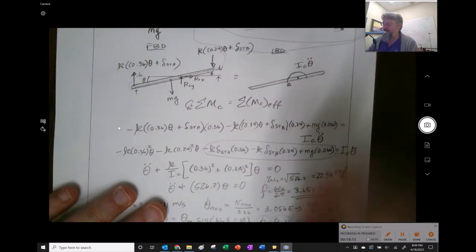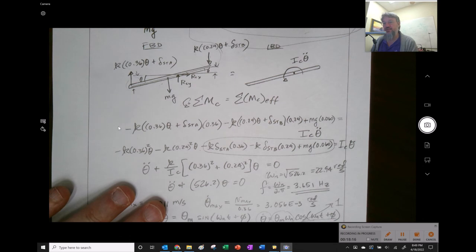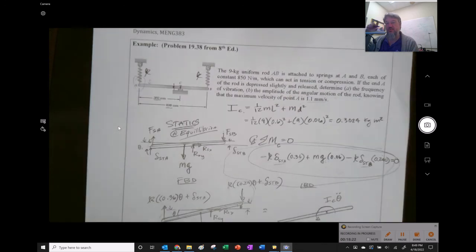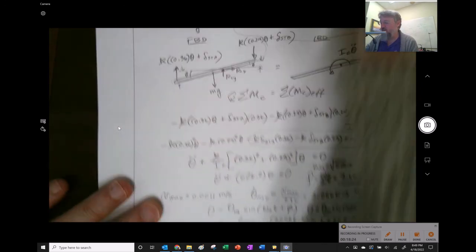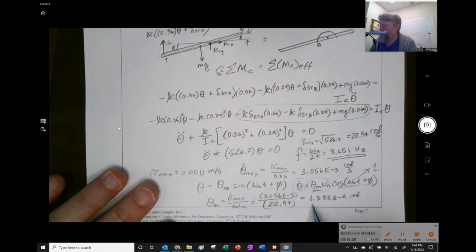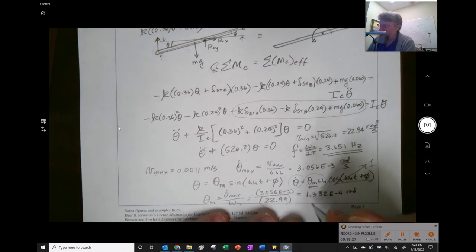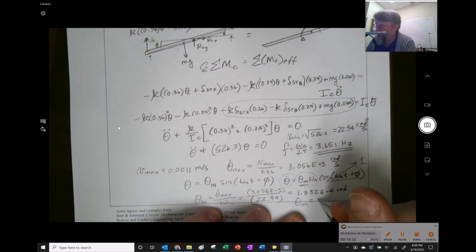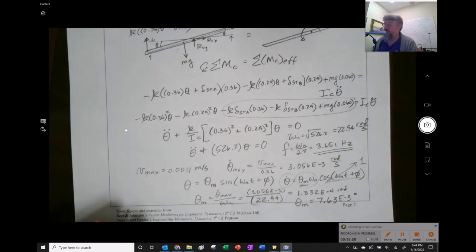So we could even find what the maximum motion was by taking that angle and multiplying it by this length, and that would tell you what the maximum would be. And I turned it later into degrees, right? So just for your edification, which is a great word, that'd be 7.63 e to the minus 3 degrees.